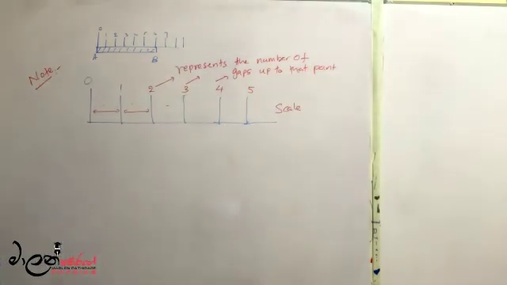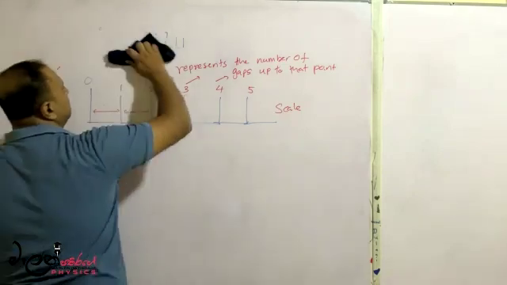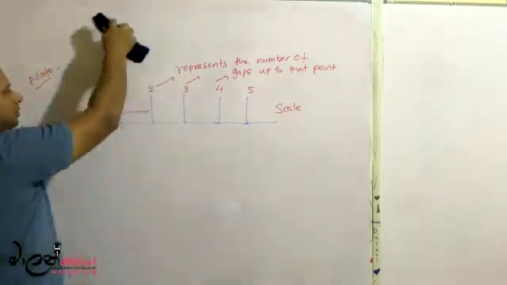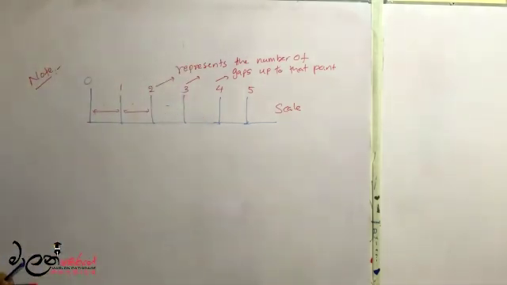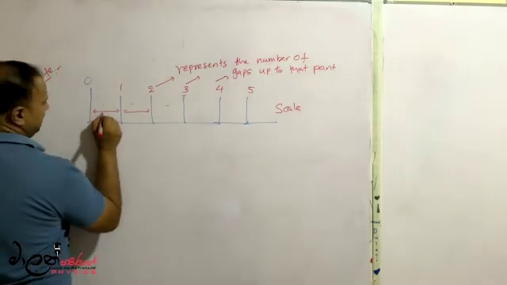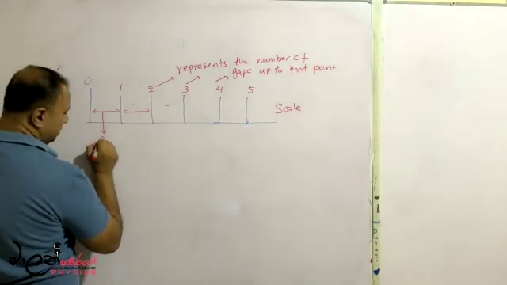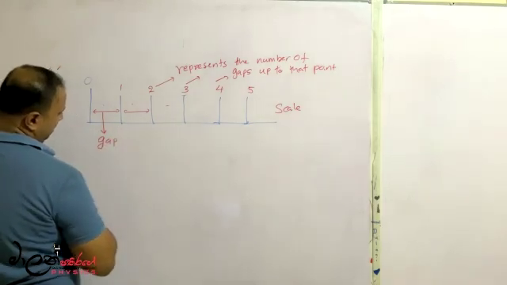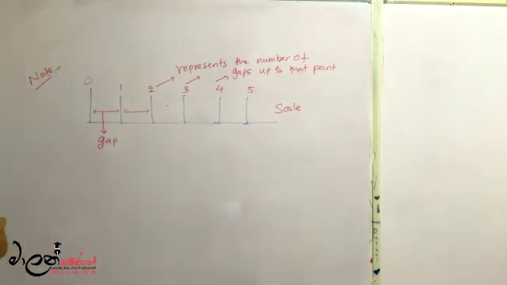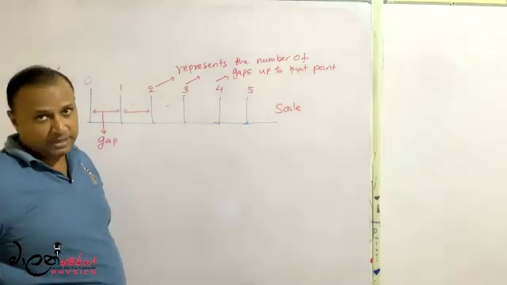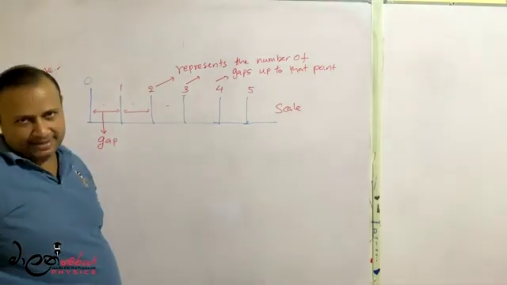This is a special note. This is the scale. This is called the gap. So the smallest gap is called the least count.